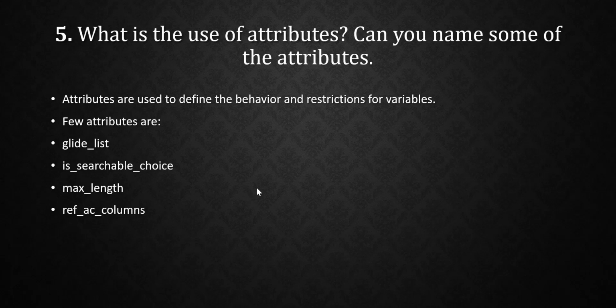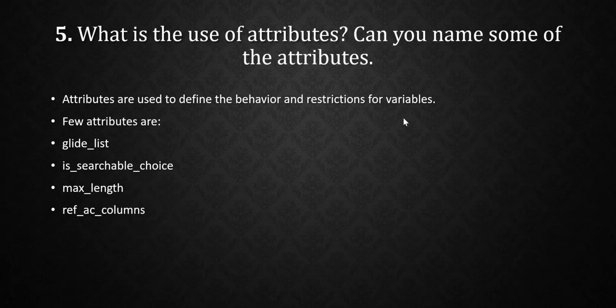Now the fifth question. What is the use of attributes? Can you name some of the attributes? Sometimes they will ask what attributes are, or where we are using them. At that time you will say attributes are used to define the behavior and restrictions for fields.